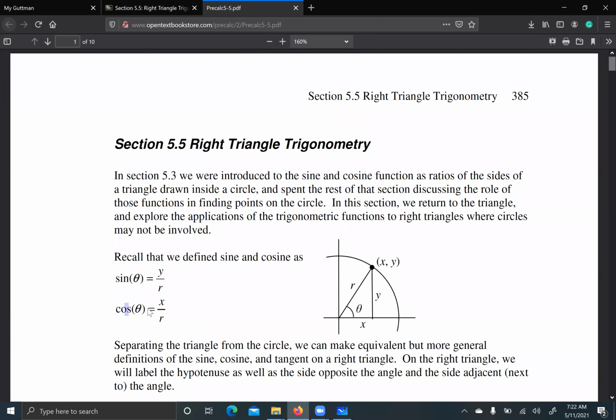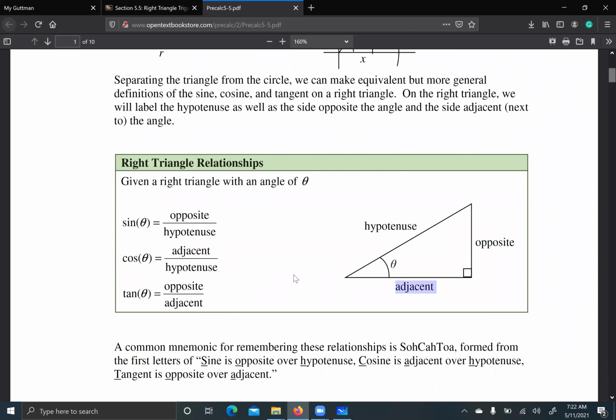Similarly, cosine was x divided by r. X in this case is adjacent, so cosine is the ratio of adjacent and hypotenuse. Tangent was y over x, so in this case it's opposite over adjacent.